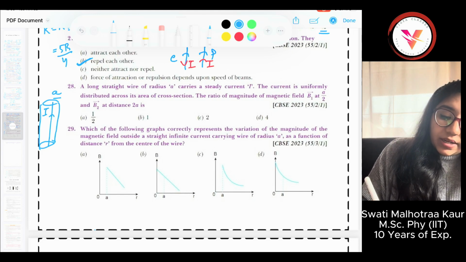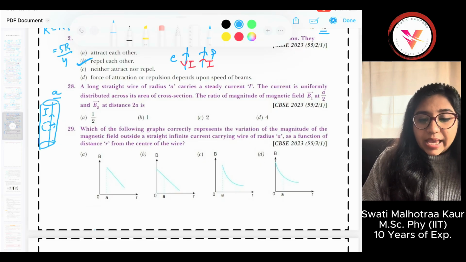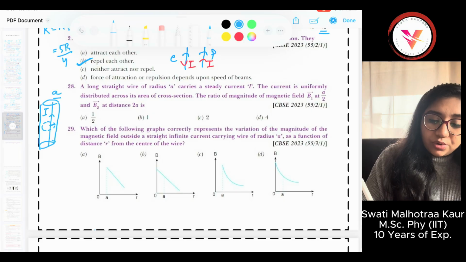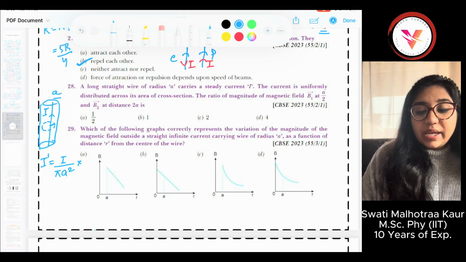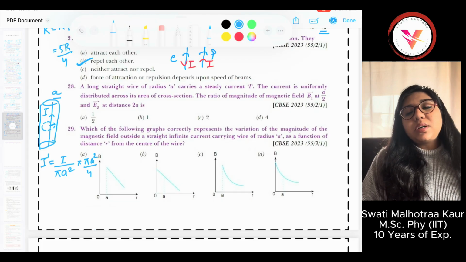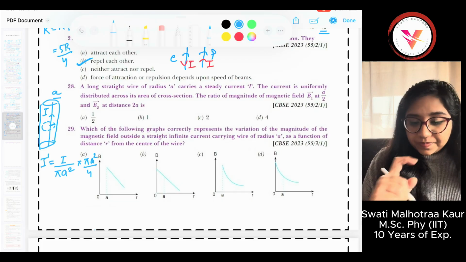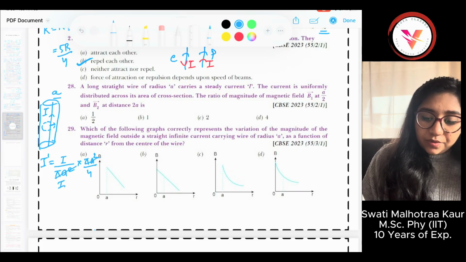So when it is at A/2, you have to calculate it using Ampere's circuital law. First you have to calculate the current: current upon area into the area of A/2. Okay, that means the current flowing in the Ampere's loop. So this becomes I/4.